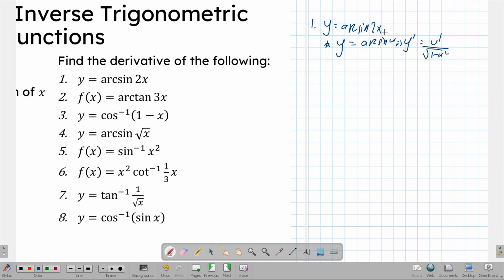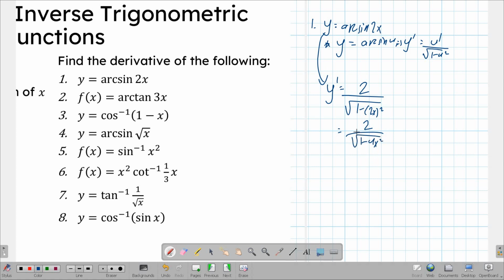Since 2x is our u, and the derivative of that is 2, this becomes y prime is equal to 2 over the square root of 1 minus (2x) squared.